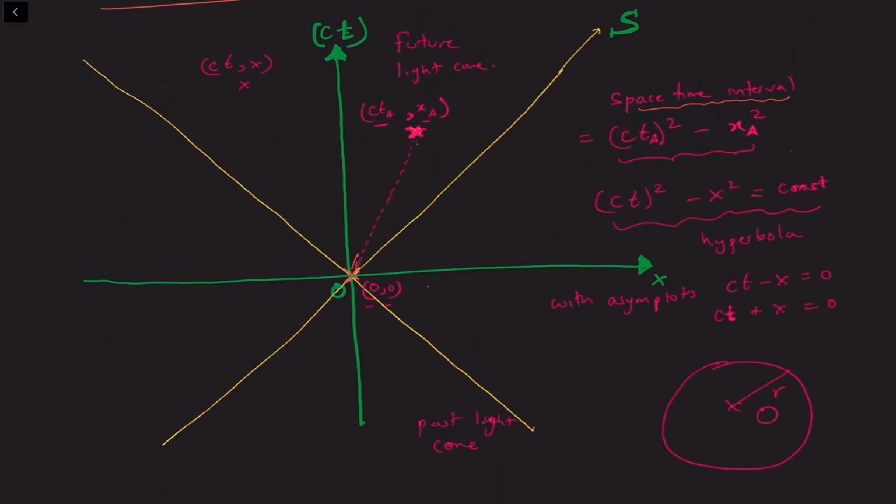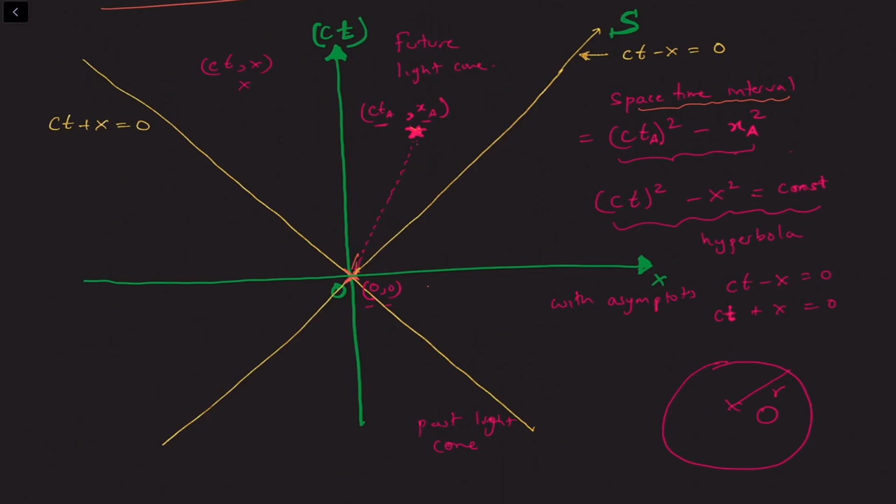Because this future light cone, this light beam which propagates outwards from O, has an equation CT minus x is equal to 0, and this light beam which propagates from O in the negative x direction has an equation CT plus x is equal to 0, which describes it.